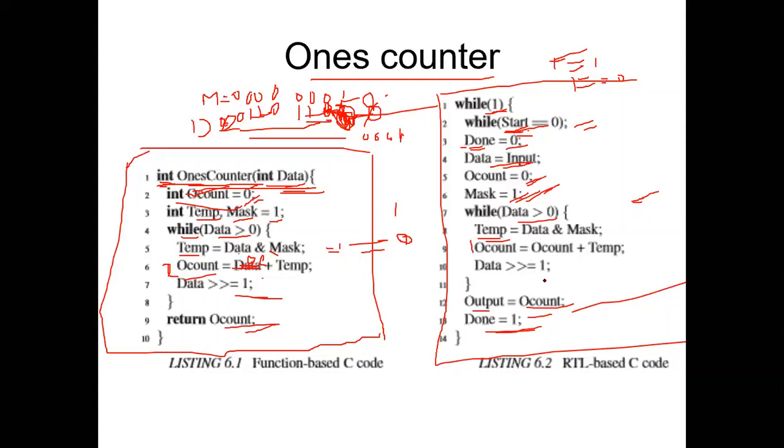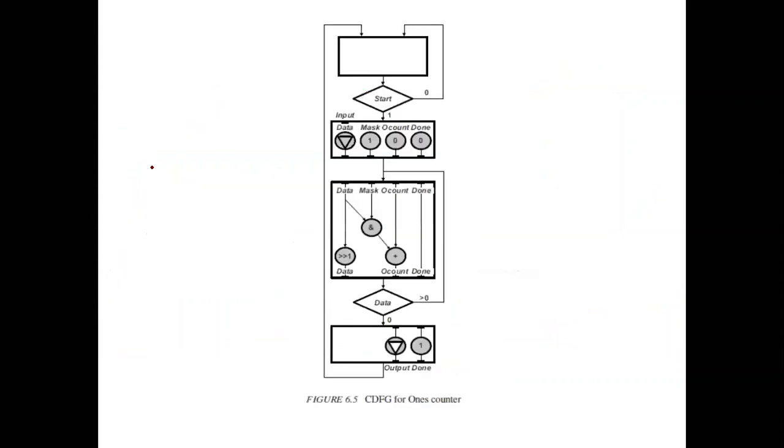Okay, this is the first scenario: input specification can be made using a normal programming language. Second, for the same ones counter, we specify the input using a control data flow graph, CDFG.